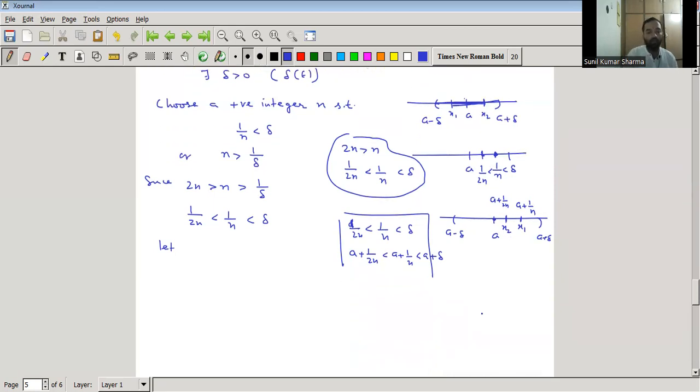Now my x1 is equal to a plus 1 upon n, and x2 is equal to a plus 1 upon 2n.